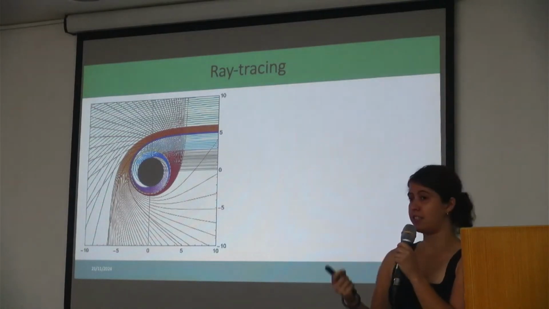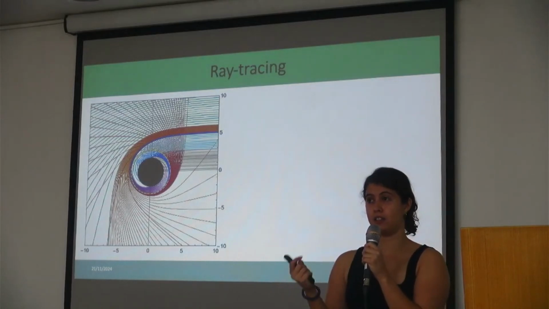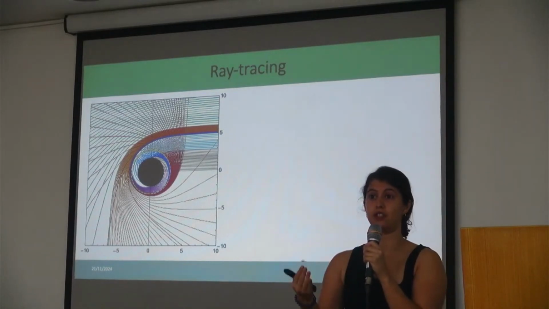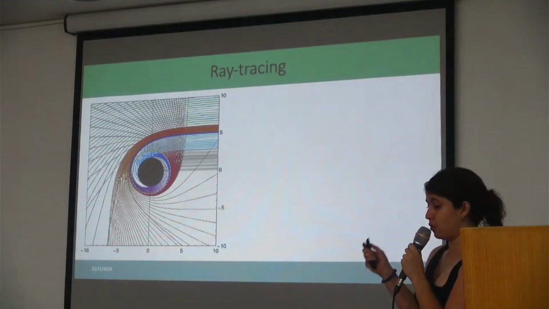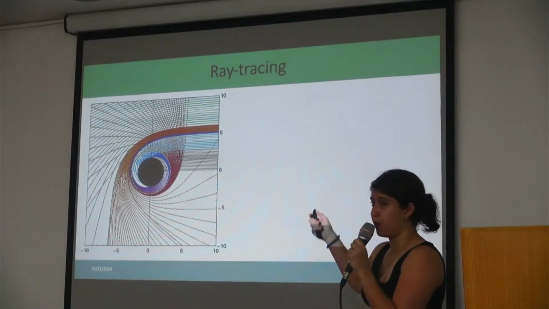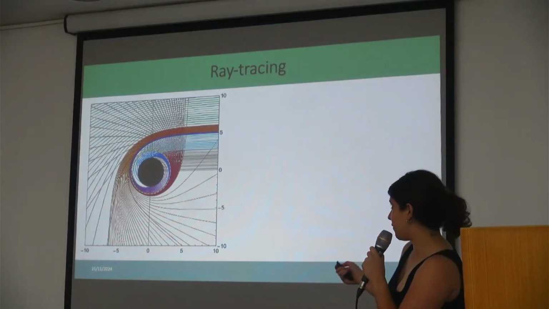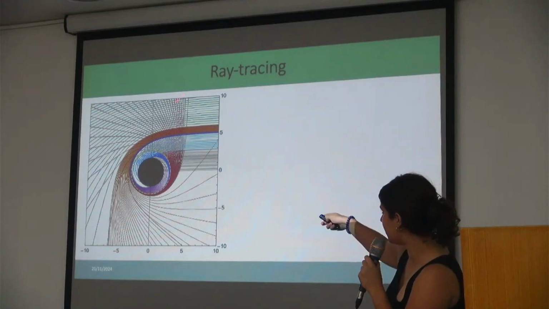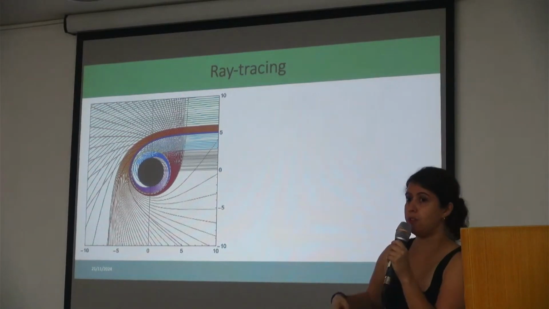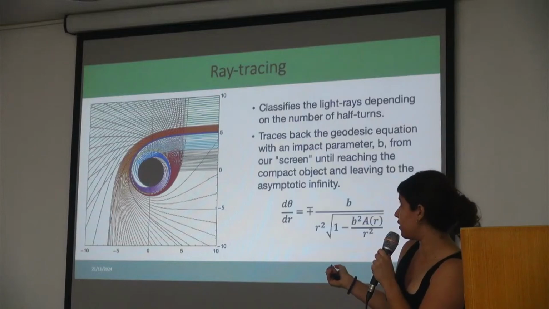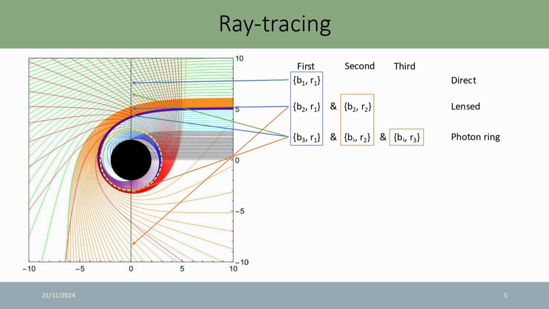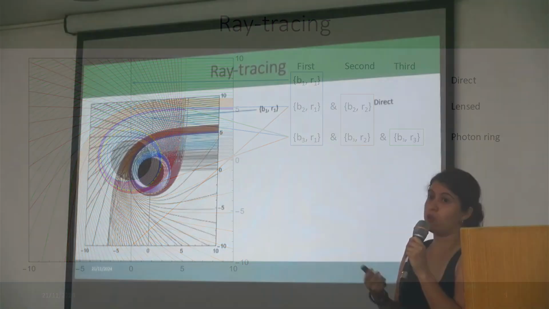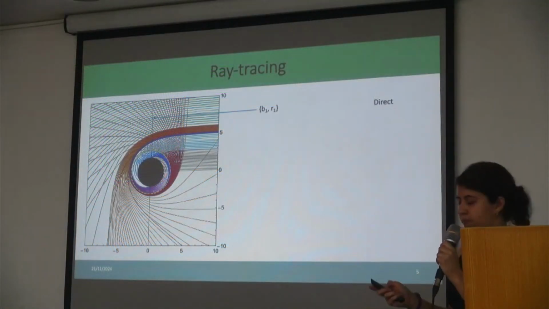As I said, we classify the light rays depending on how many times they cross the vertical axis, and as you can see, we have different colors. The first color is green: these are the light rays that cross this vertical axis only once, and this is what we call the direct emission.